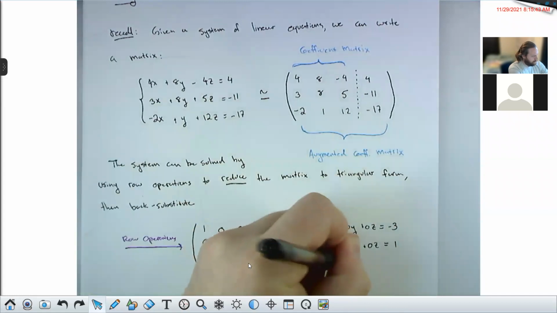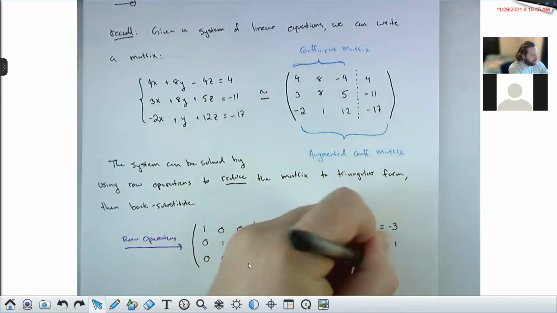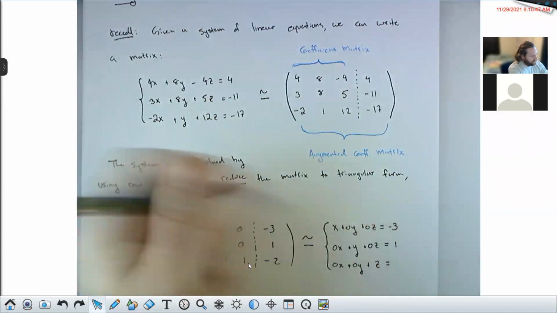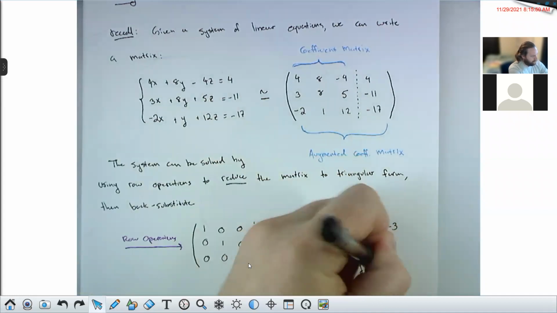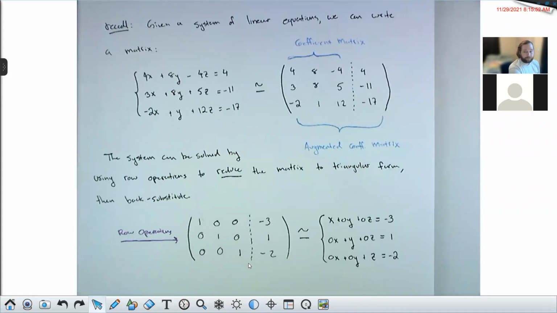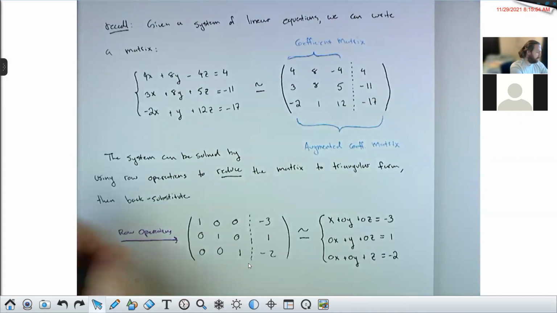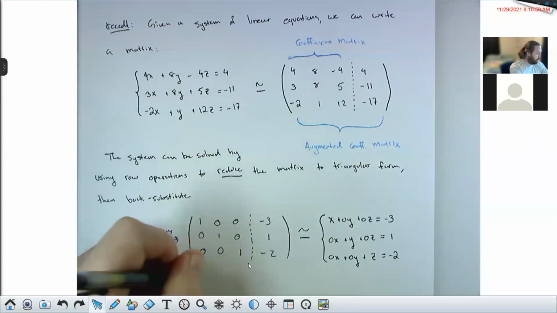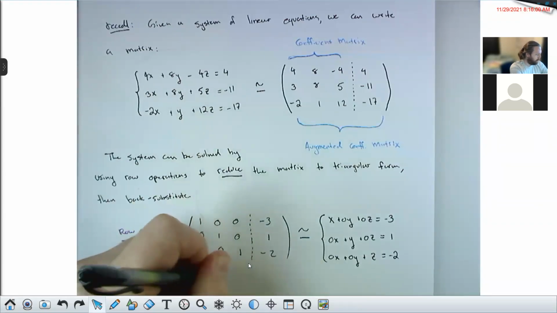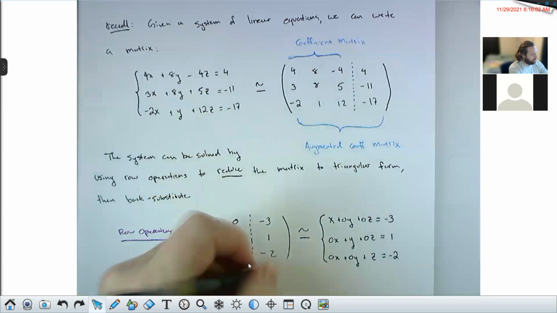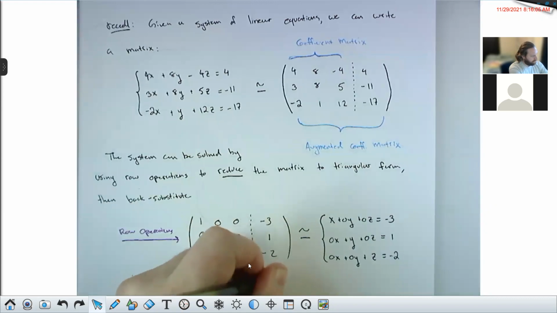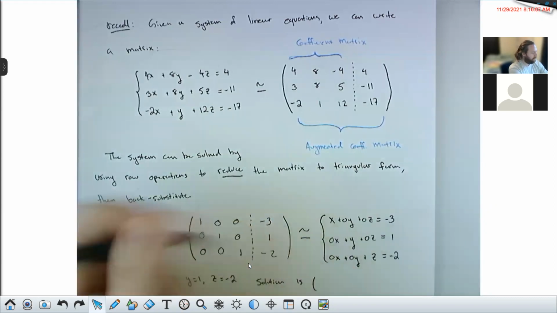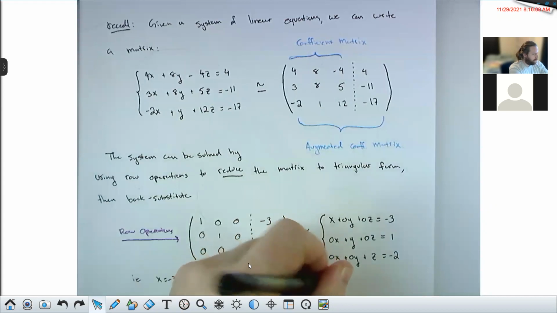And 0x plus 0y plus 1z equals -2. That is, x equals -3, y equals 1, and z equals -2. So the solution is the ordered triple, -3, 1, -2.